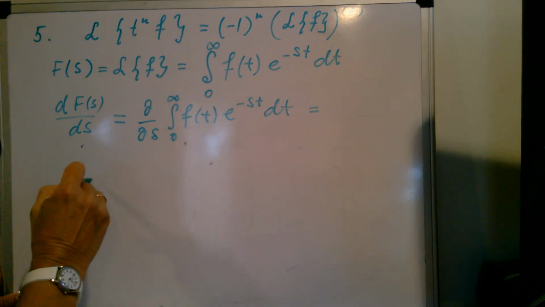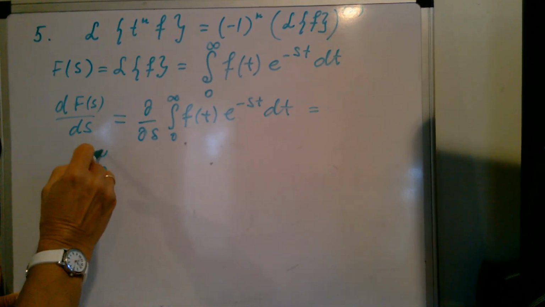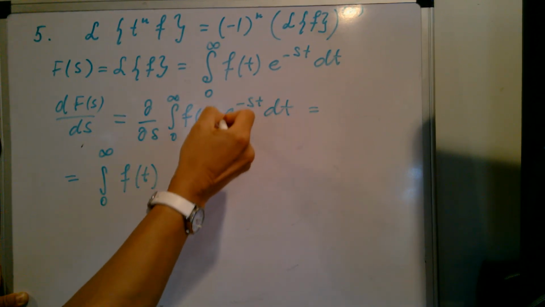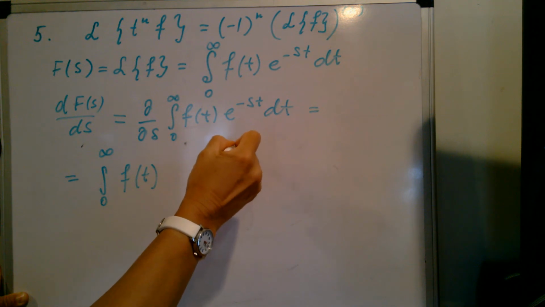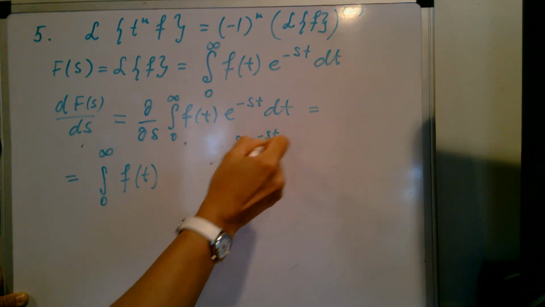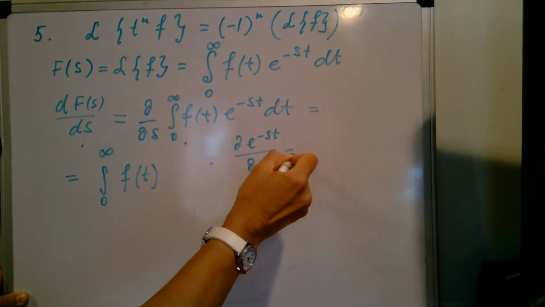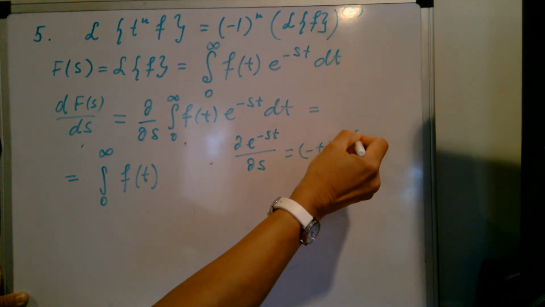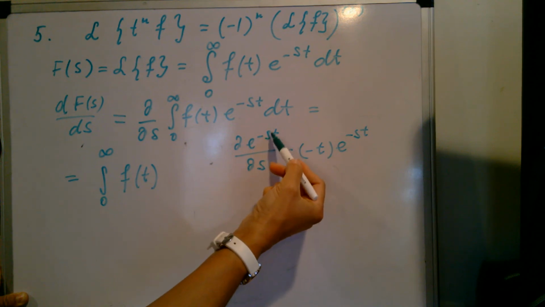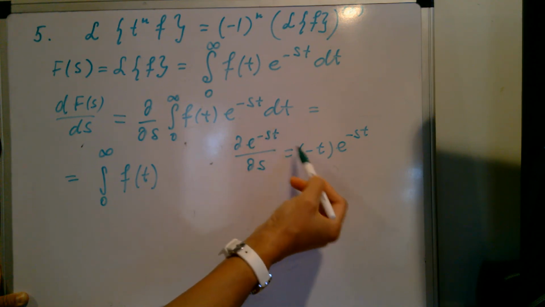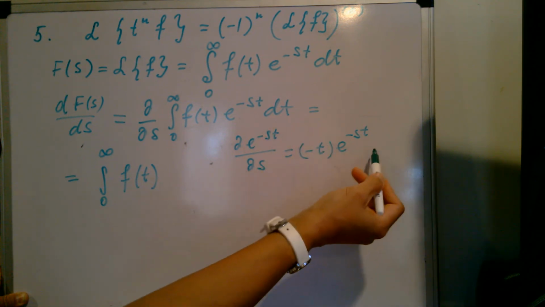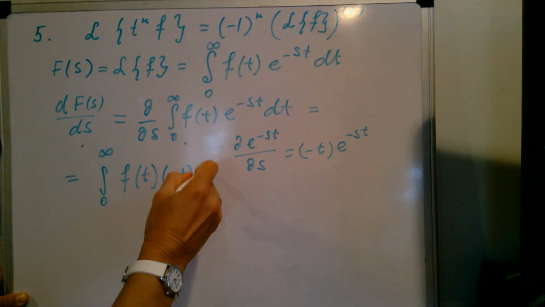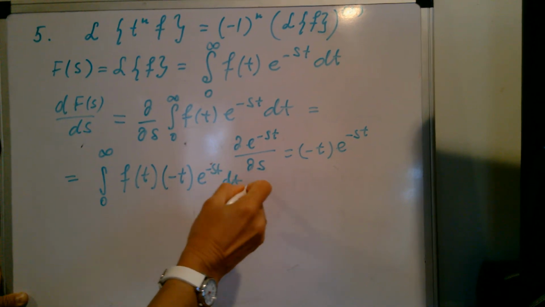So I'm going to bring the derivative inside and write it as the integral from 0 to infinity of f of t times the derivative of e to the power of negative st by ds. Well, it's supposed to be negative t times e to the power of negative st. Imagine now that the variable is s, so negative t is a constant. You put the constant in front, and that's going to be the derivative. So I'm going to copy it: minus t e to the power of negative st dt.